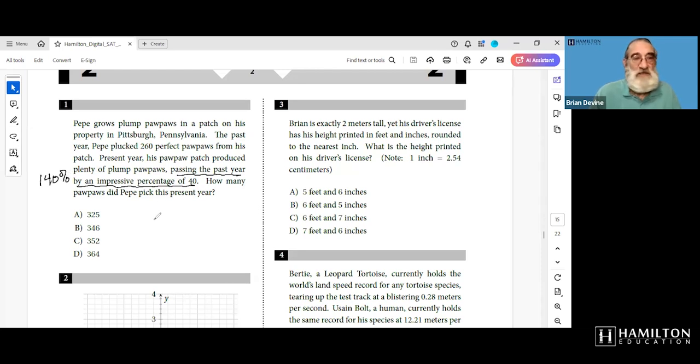Well, if I take 1.4 times what we knew he did in the past year, 260 pawpaws, then Pepe produced 364 plump, perfect pawpaws at his patch on his property in Pittsburgh, PA. And so the answer would be D, of course. I should have circled it to begin with, but I just wanted to get a few popped P's in there to finish up. Question 2.